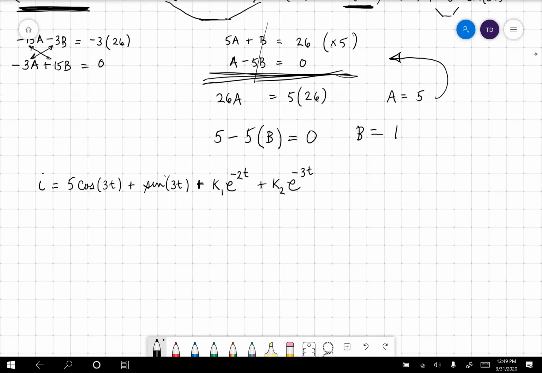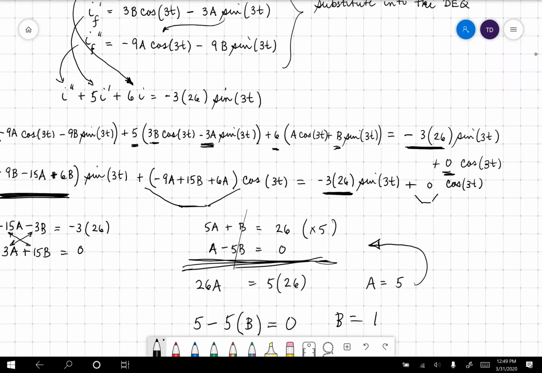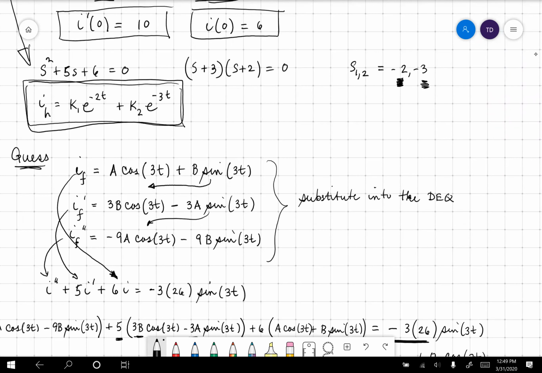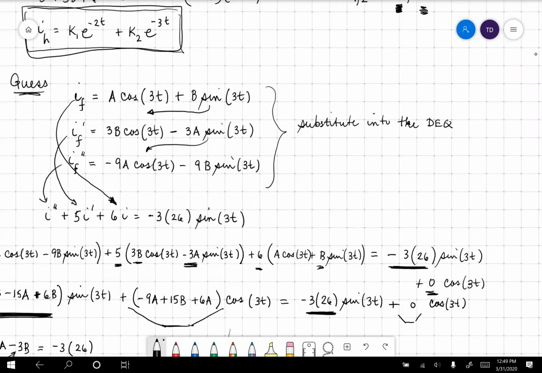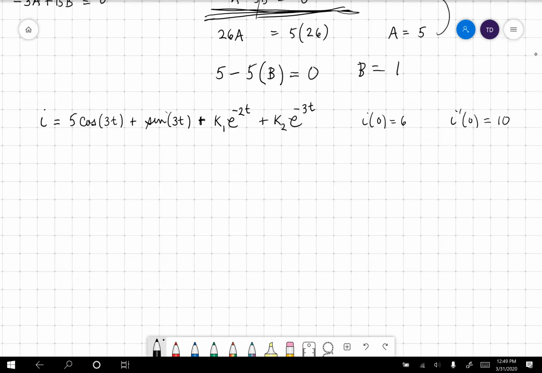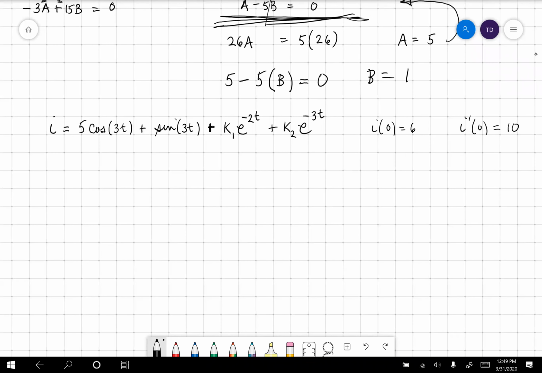So we have the initial conditions, just a reminder of the initial conditions, which we boxed up. Initial conditions are right here. I prime is 10 and I at 0 is 6. Okay, that means we need the derivative of this function, I prime.